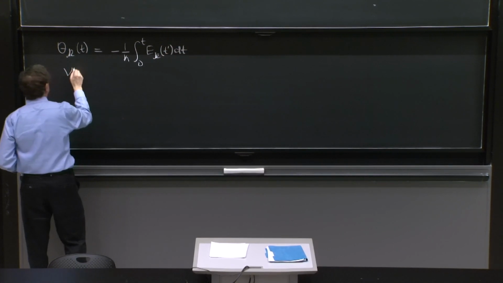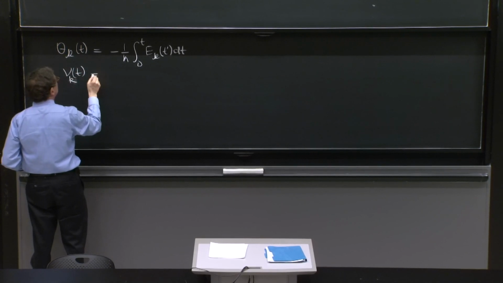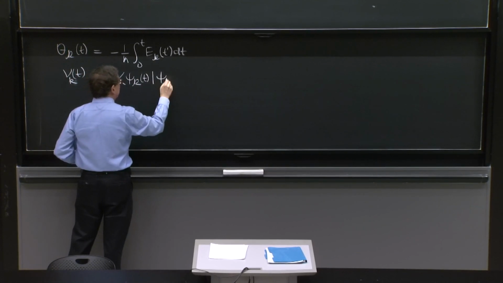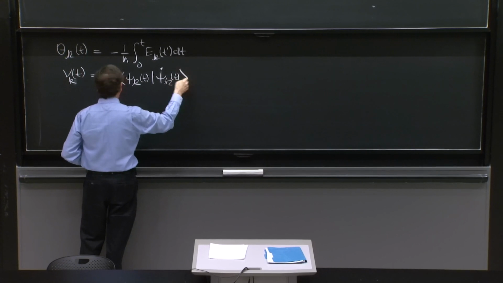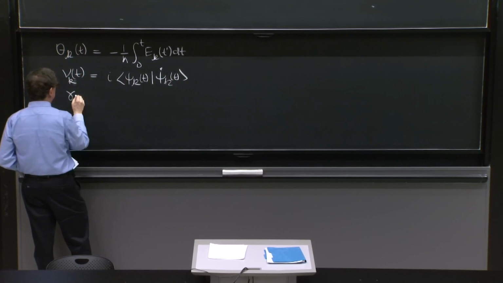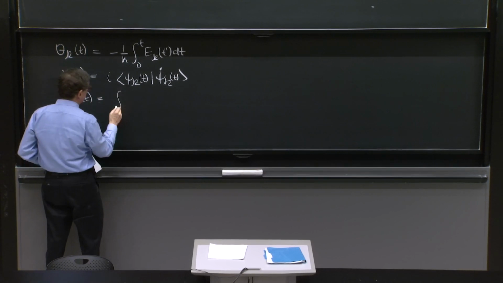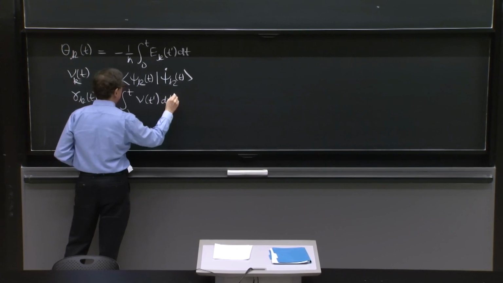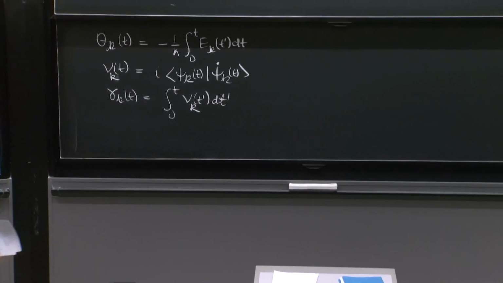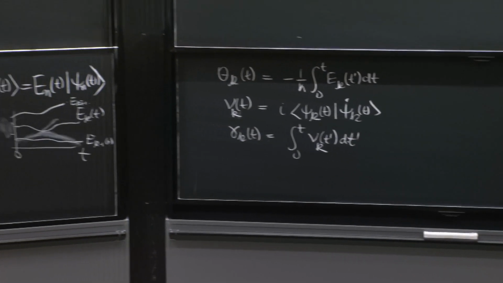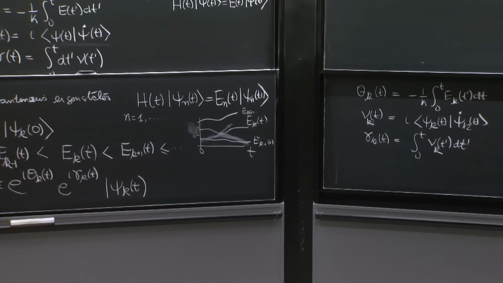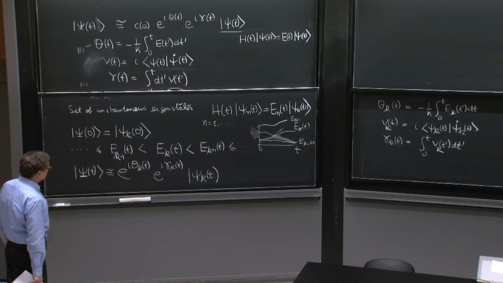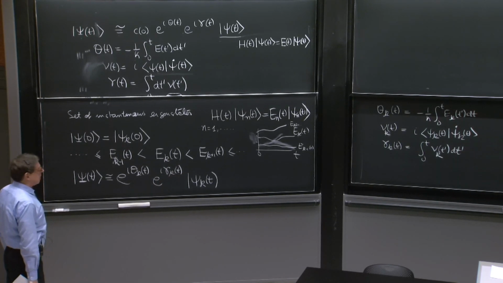Then you have nu k equal to i psi k of t, psi k dot of t, and finally the gamma k of t is the integral from 0 to t of nu k of t prime dt prime. Everything with k corresponding to the kth eigenstate. So this is a more precise version already of the statement of the adiabatic approximation.